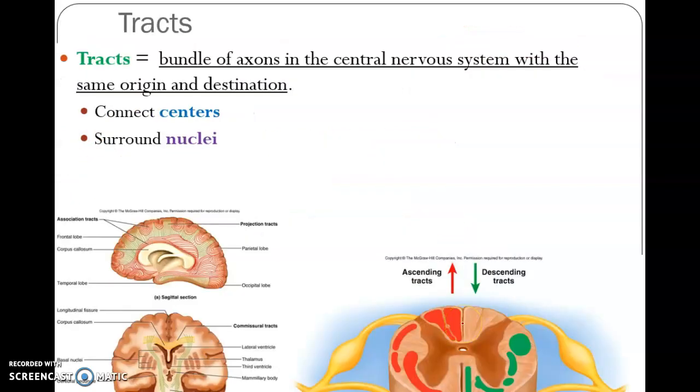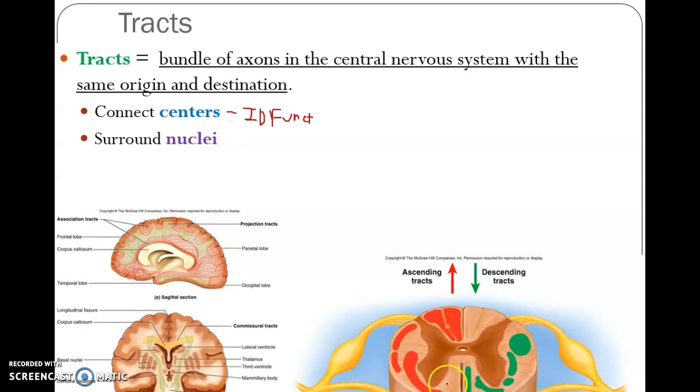Now, a tract. A tract is a bundle of myelinated axons that connect one part of the central nervous system to another. So it can connect the centers. What was a center again? That's right, something that has an identifiable function. And a nuclei. What's a nuclei again?